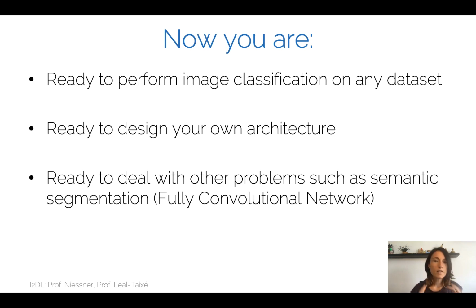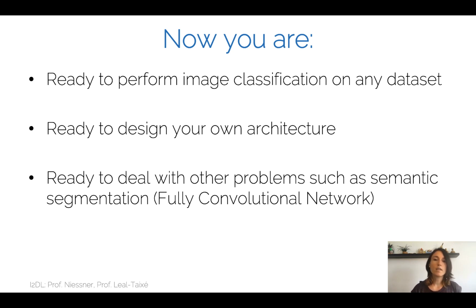Okay, so up until now, we have discussed many topics in this introduction to deep learning course. And we think you're now ready to perform, for example, image classification on any dataset. You're ready to choose your own architecture, to know how to train your neural network, know exactly how the optimization works and how to monitor your training process.